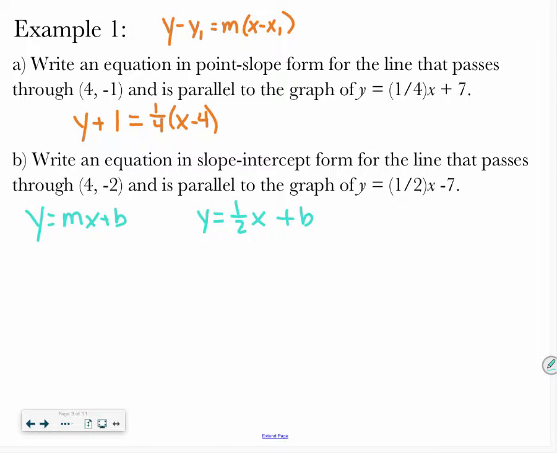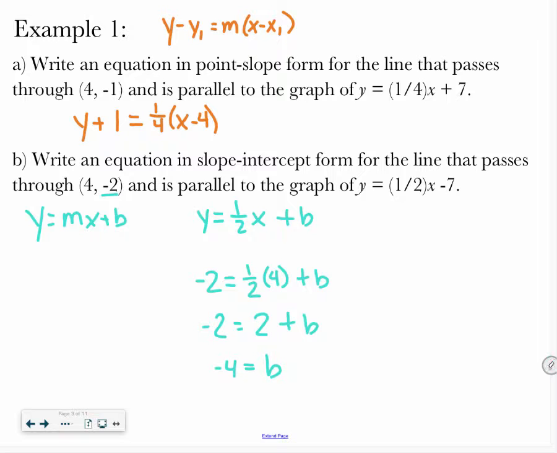Now I want it to go through the point (4, -2), so I plug my -2 in for my y. -2 = 1/2 times 4, since my x value is 4, plus b. So I have -2 = 1/2 times 4, which is 2, plus b. If I subtract 2 from both sides, I have -4 = b.